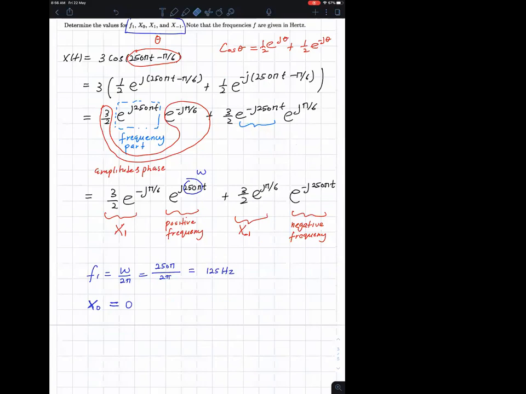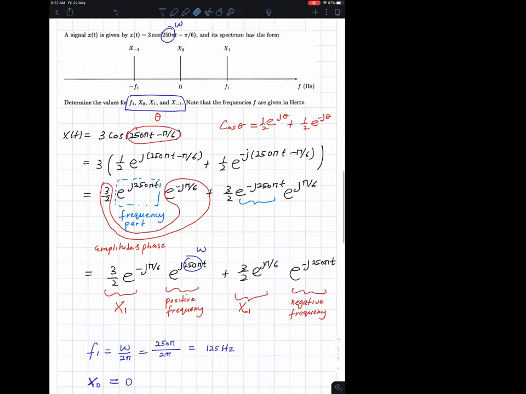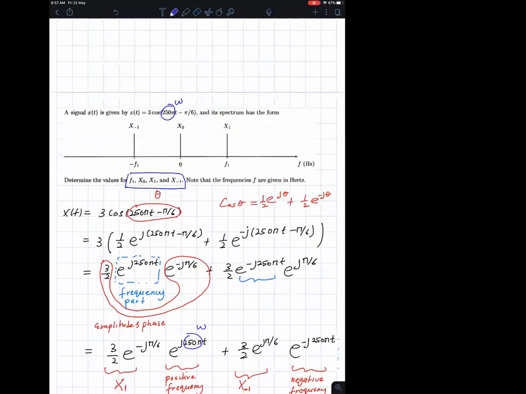Why DC is 0? Understand, sir. Right here, this is the DC and omega is 0. But there's no DC in the equation. In the equation here, there's no DC. So DC is 0.